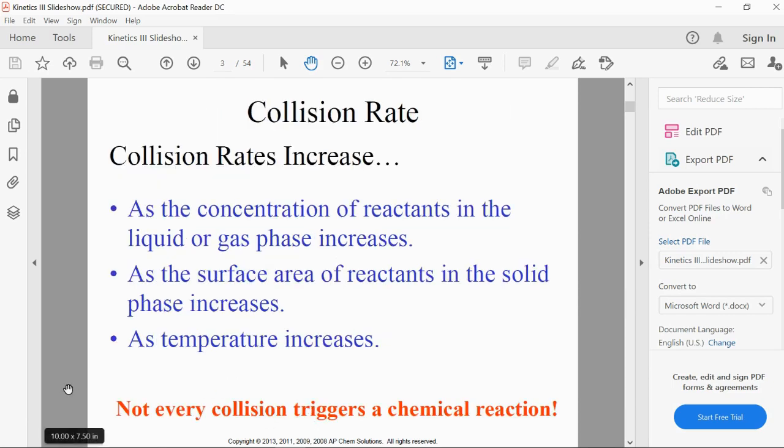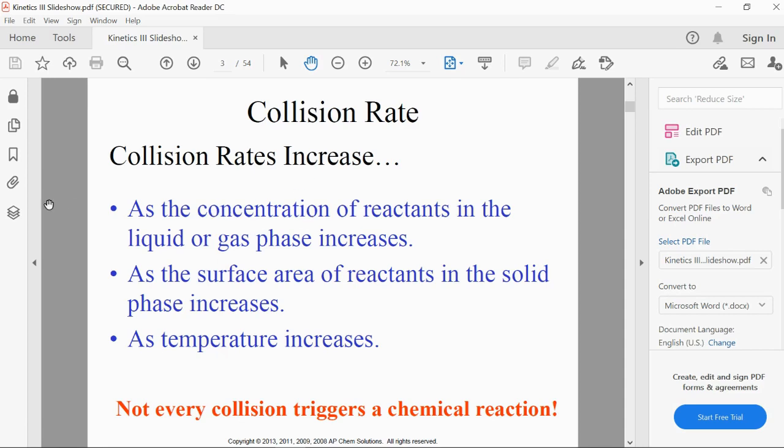And we're going to talk about that in a sec as well. So there's a few things we can do to increase the rate of collisions, and by that you could also deduce the things you could do to decrease the rate of collisions. But the way we can increase the rate of collisions, if we have stuff in the liquid or gas phase, is by increasing concentration.